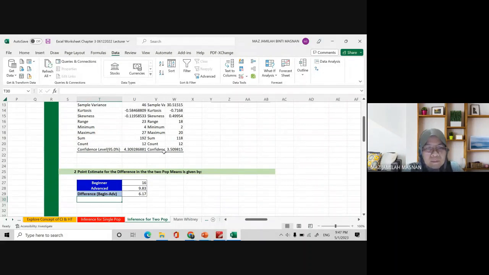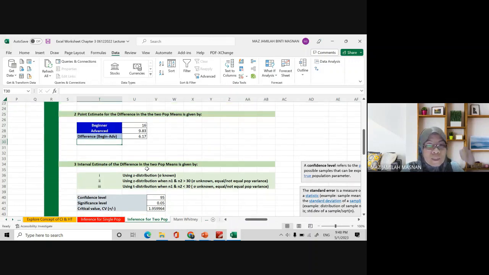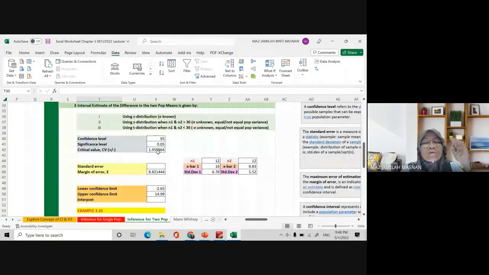The second part: we know that for two population, for mean, we have these three cases. So you have to look at your cases, where you are given the information, which cases apply. Let's say we are using this particular example in order to find the CI for the difference between the beginner and advanced.